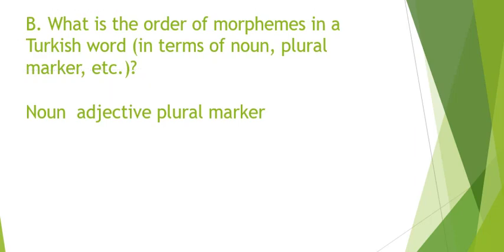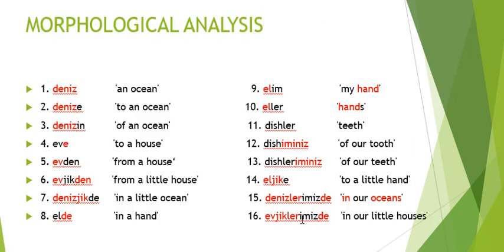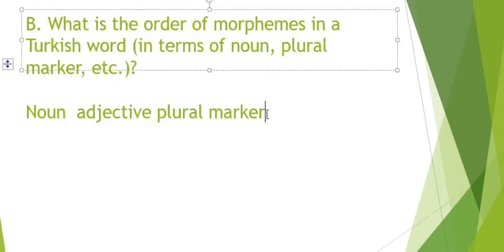What else? What do we have after that? We have imiz. What is imiz? Imiz is what? A possessive pronoun. Imiz is a possessive pronoun. And what else? What do we have after the possessive pronoun?